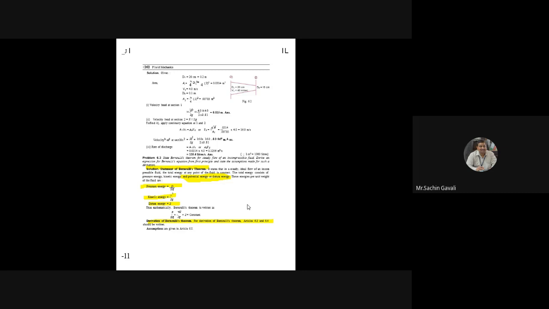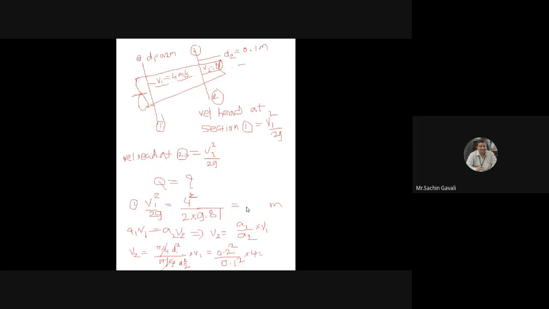V1 square upon 2G is coming as 0.815, and V2 is coming as 16.